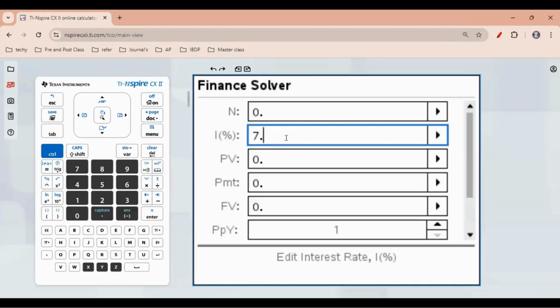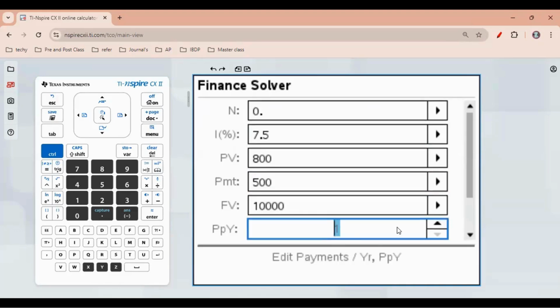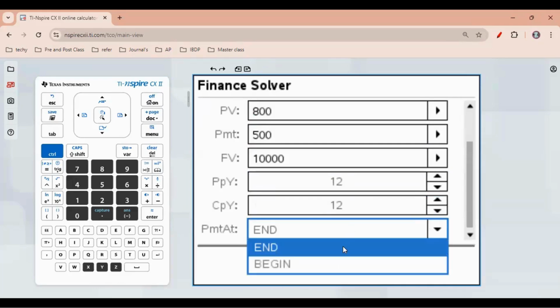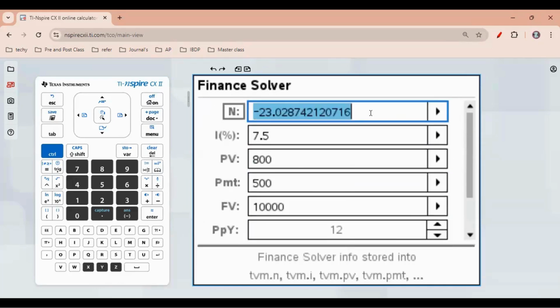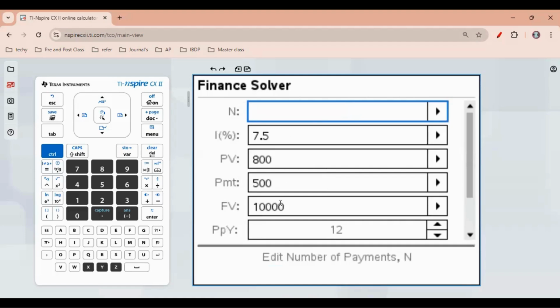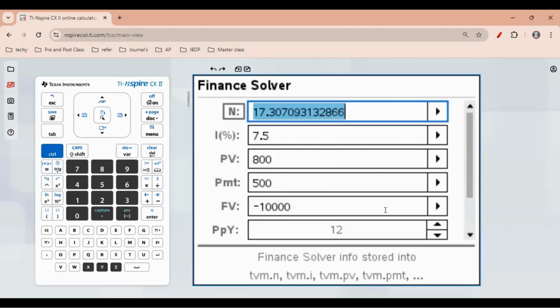I is 7.5%, 800, 500, and future value. If you give everything positive, this will give a wrong result, so be careful. We get minus 23 months. Does that exist? No. If you choose a positive future value, you can just put it negative and click enter. We got the same answer. Anyway, you can try. Now I'll just take the first one and we can move to the solution page.